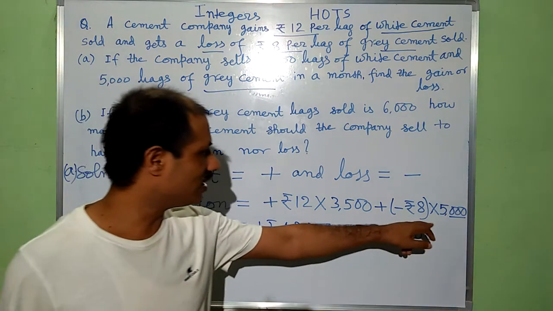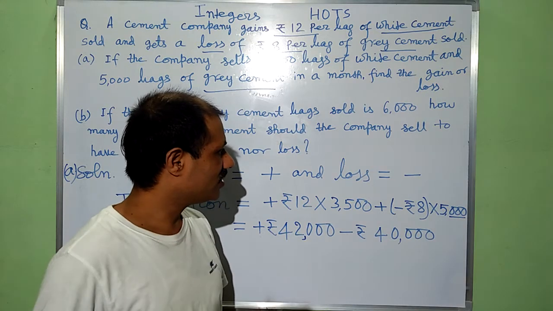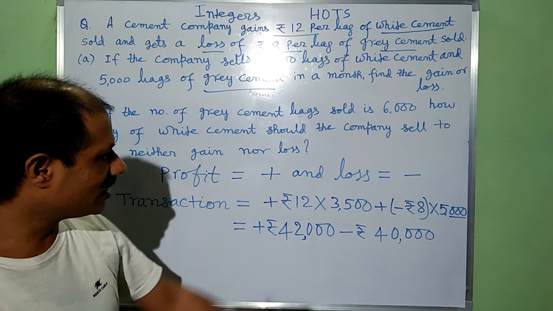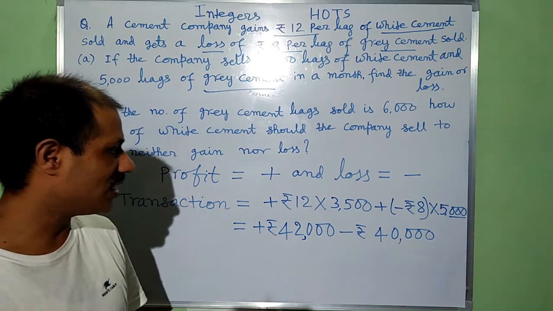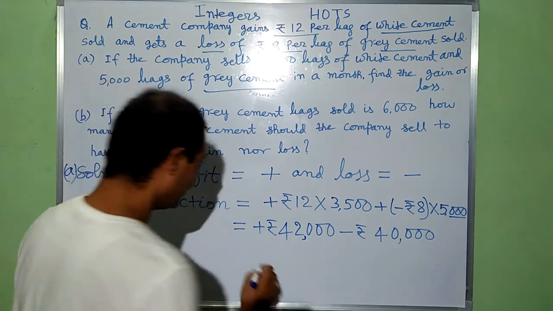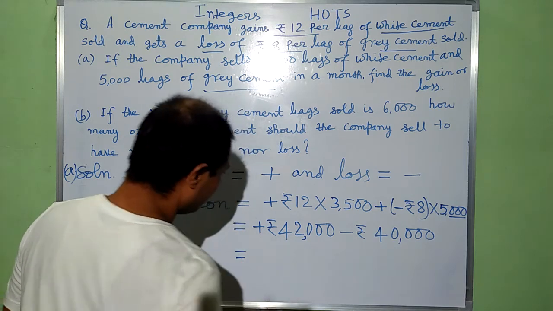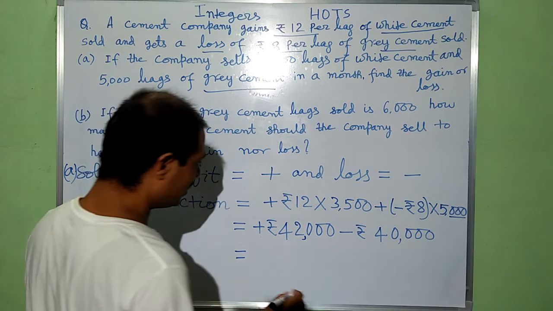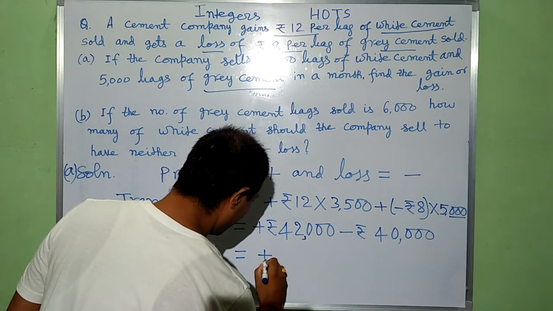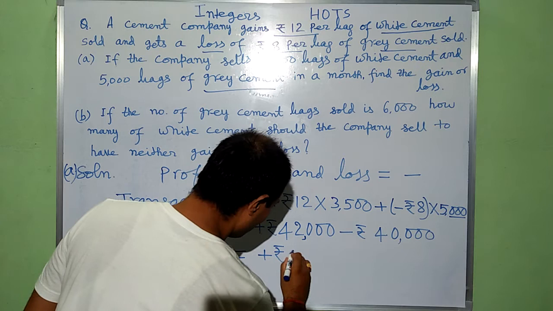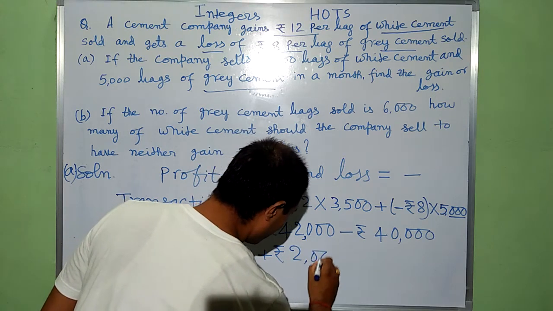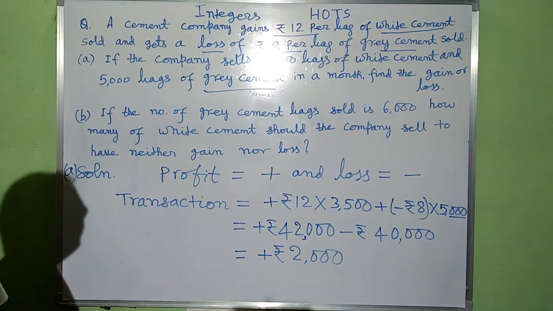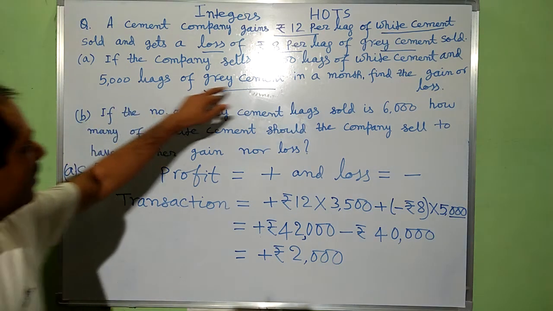Conventionally, the total loss on 5,000 grey cement bags is rupees 40,000 even then. In this way, plus rupees 42,000 minus rupees 40,000 gives us plus rupees 2,000 only. The plus symbol shows profit or gain.